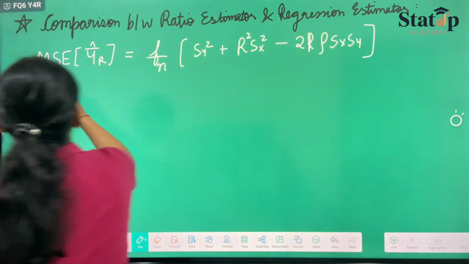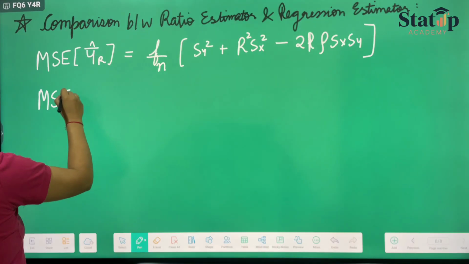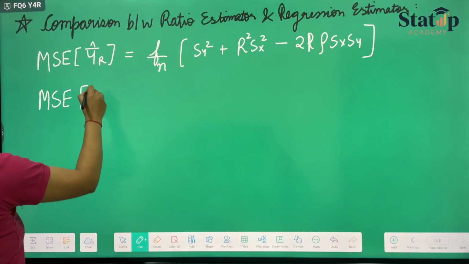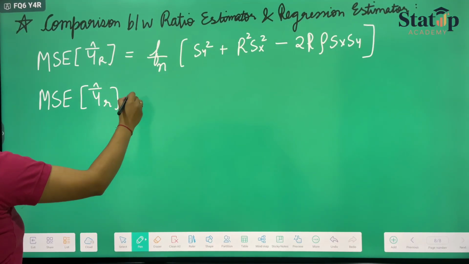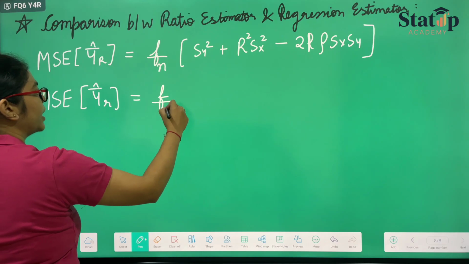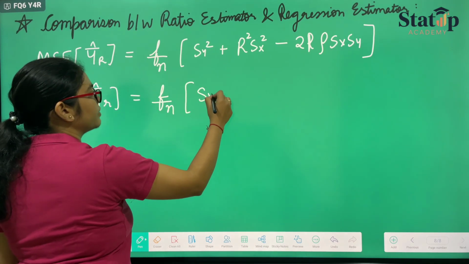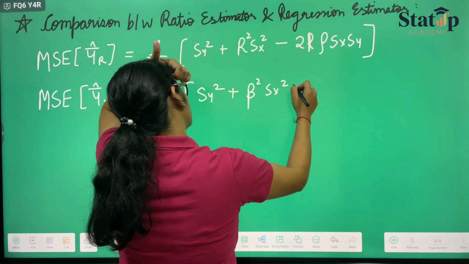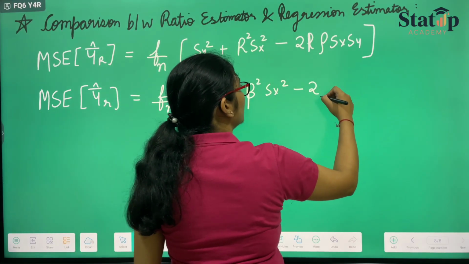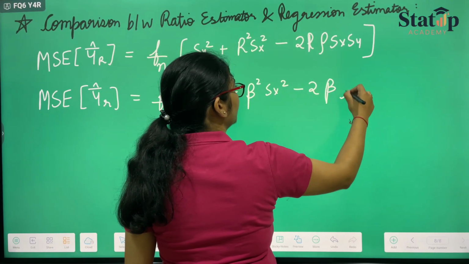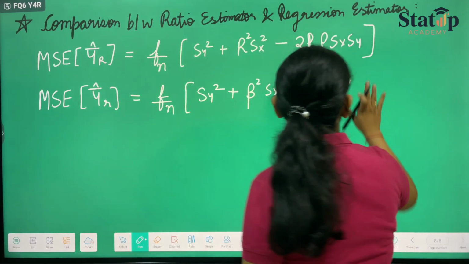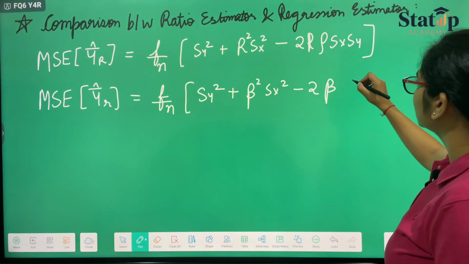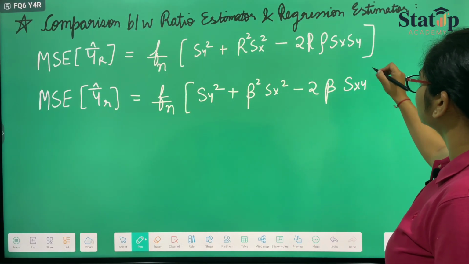And for MSE of regression estimator, which is y bar lr, it can be written as f by n into Sy square plus beta square Sx square minus 2 beta rho Sx Sy. Instead of rho Sx Sy, we can write it as Sxy.